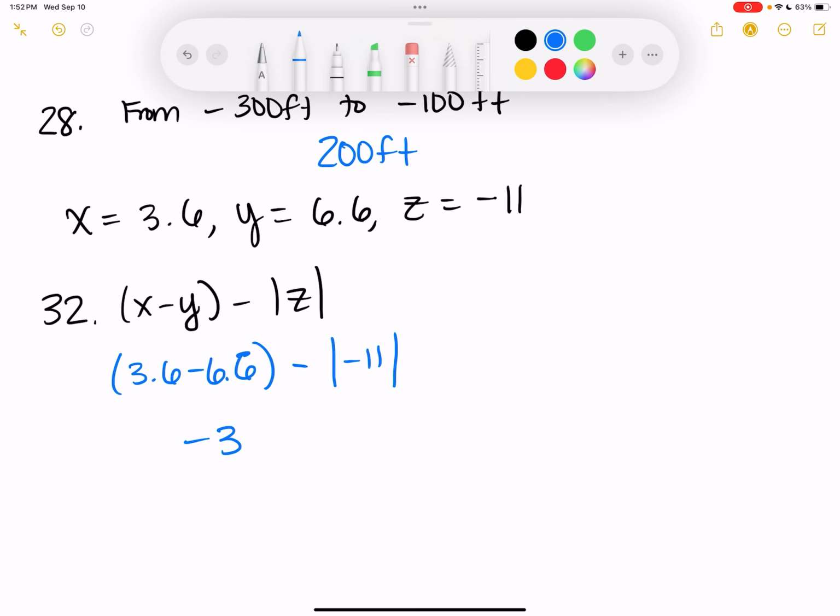Minus, what's the absolute value of negative 11? Positive 11. So negative 3 minus 11 is negative 14. Add the numbers and keep the sign.